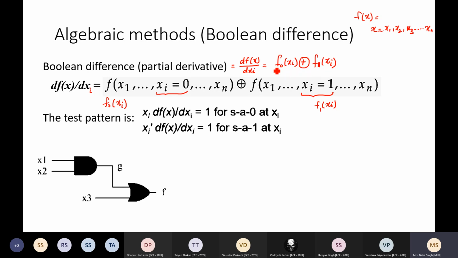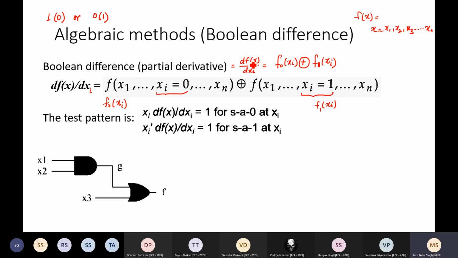Either the function f is 1 for xi equal to 0 or the function f equal to 1 for xi equal to 1. This is what we have learned कि अगर ट्रू वैल्यू 1 है तो फॉल्टी वैल्यू विल बी 0 और if the true value is 0 the faulty value will be 1. तो in either case एक ही वैल्यू 1 होगा.